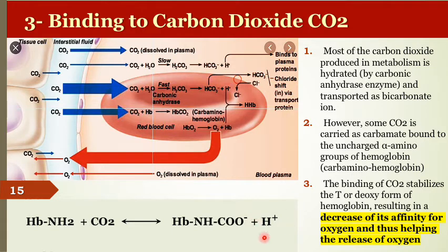Hydrogen ion comes here and binds to hemoglobin, stabilizing the two dimers in the tight form or the T form. That is why carbon dioxide decreases the affinity for oxygen and helps release of oxygen, because binding of hydrogen ion leads to narrowing of the heme pocket due to formation of hydrogen bonds between the two dimers.